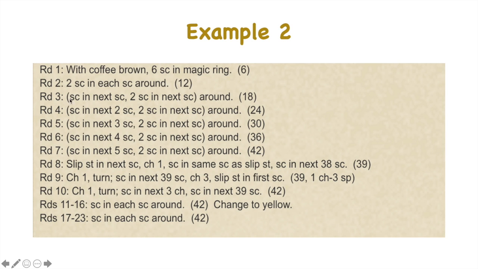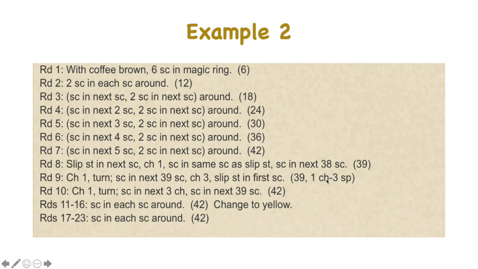Another example is that they use parentheses instead of using the asterisks for the part that is repeating, and she does mention around in each. Another part that I want to show you just as an example of how patterns might vary is this little part right here where it says 1 chain 3 space.